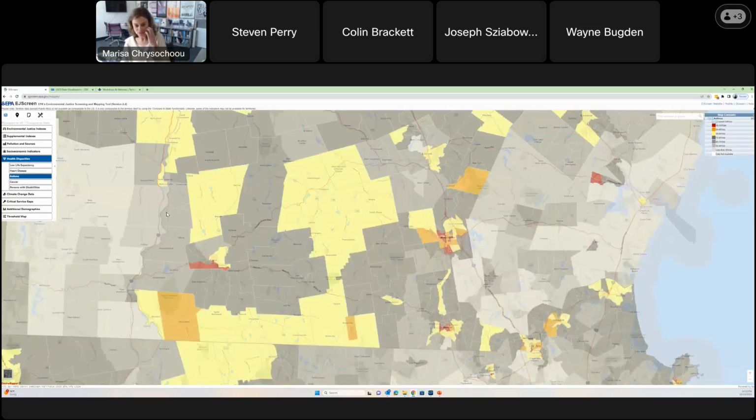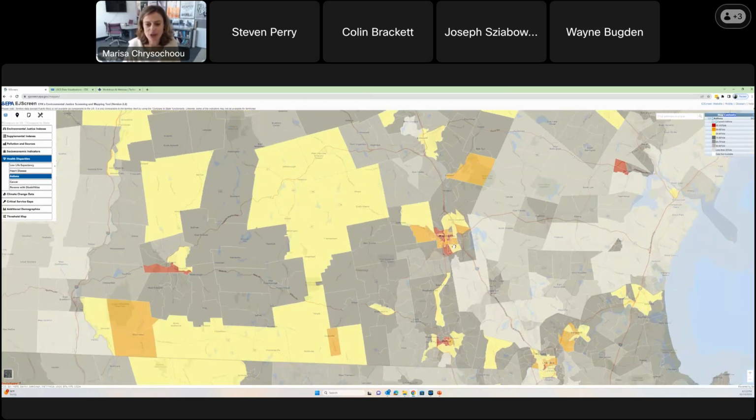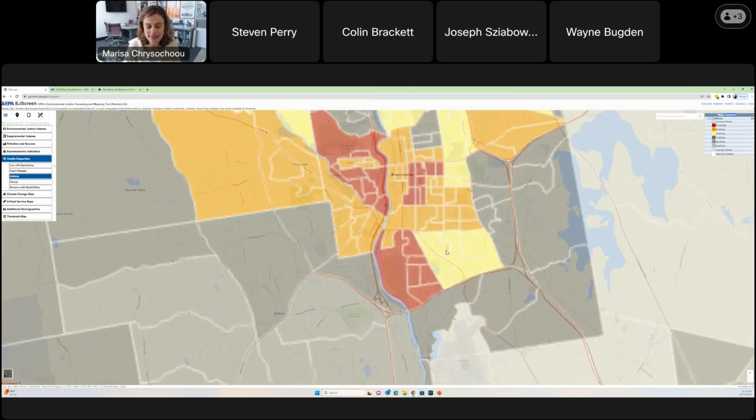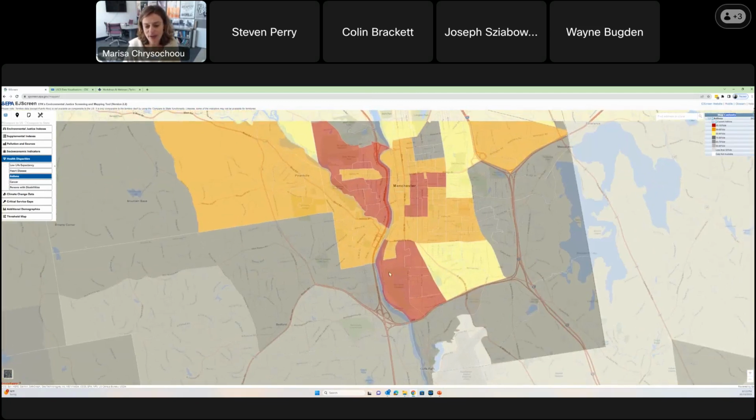Okay, very good. So now we see the EJ-Screen map that shows us, as we talked about last time, all the data in national percentiles. So we can see, for example, that if I zoom in here in Manchester, New Hampshire, everything that is the same color here is a census tract.